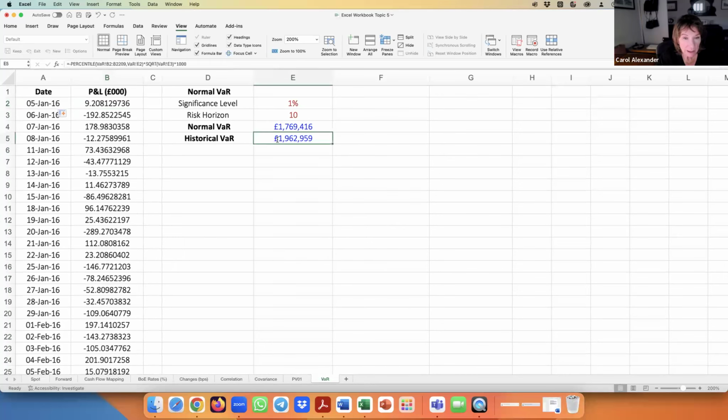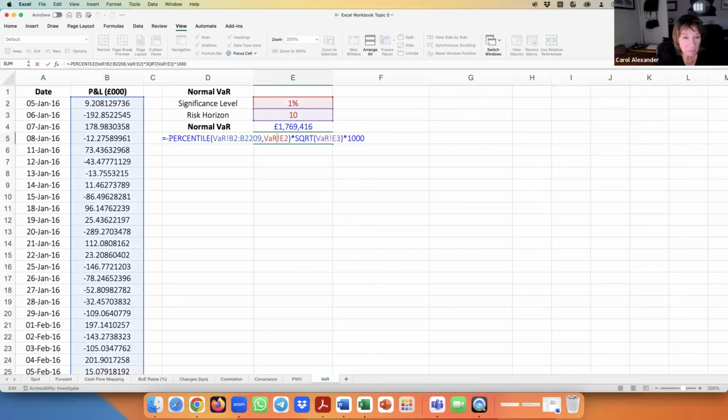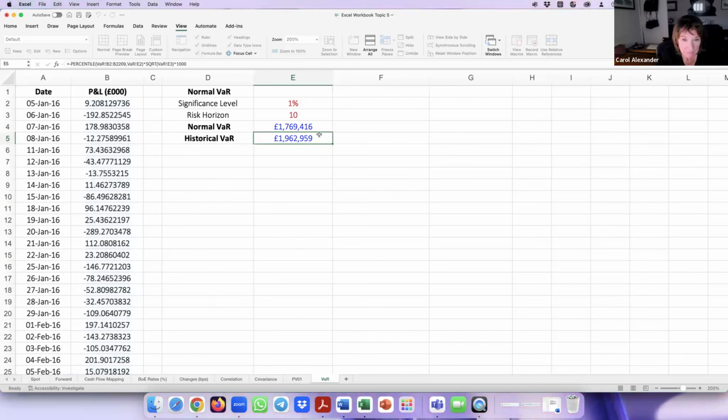We then apply the percentile function multiplied by -1. You can see that -1 there. Use the square root of time rule and multiply by 1000 to get it into pounds. And depending on the significance level and the risk horizon, the risk horizon just scales everything. So if you had 1 day, you still see the relative size here. Whether it's 1 day or 30 days, the normal VaR is always going to be less than the historical VaR at 1%, but at some significance levels, like 5%, let's have a look.